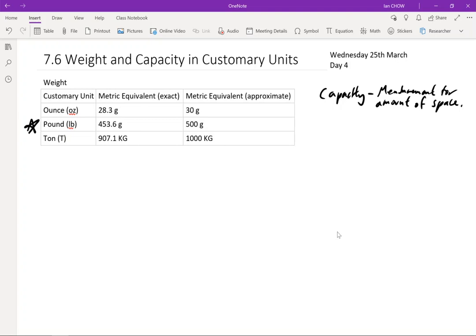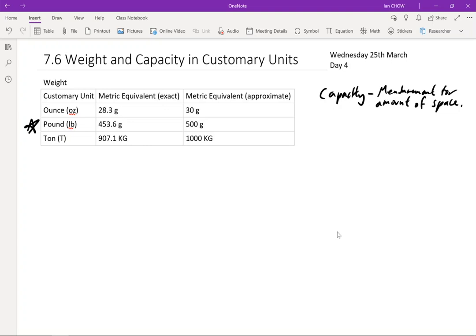So we are still used to the pound measurement. But for ounce and ton, we're not too sure what those are. So I have written here the exact metric equivalent for the ounce, pound, and the ton. For ounce, it is 28.3 grams, and so approximately it is 30 grams.